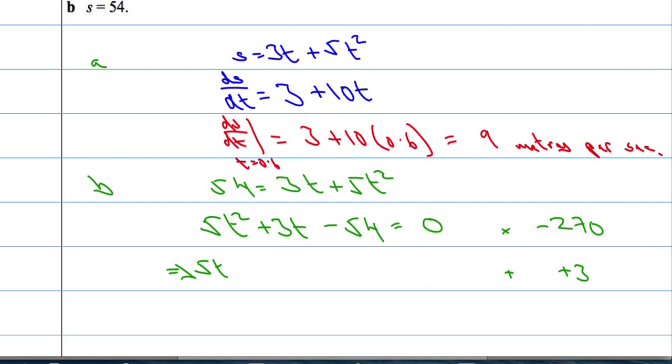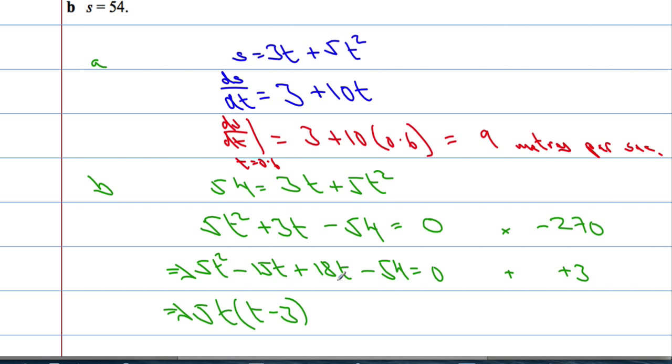So 5t squared, it's going to be negative 15t and positive 18t, and then the negative 54 at the end, equal to 0. So I've split this, and negative 15 and positive 18 will give me that positive 3. Factorise by grouping: I can factor out a 5t here, and that leaves me with t minus 3.